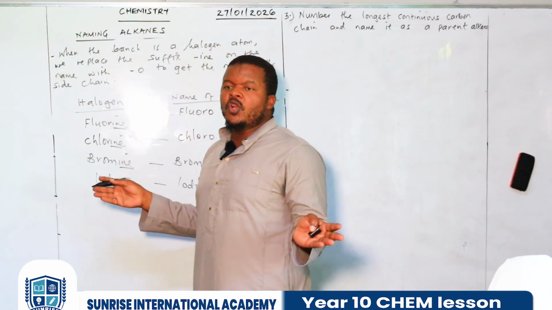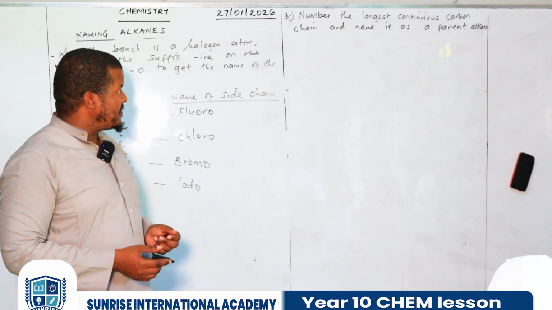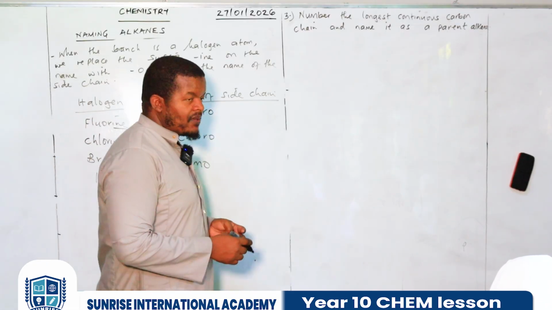You identify the longest continuous carbon chain, then name it as the parent, depending on the number of carbon atoms available.